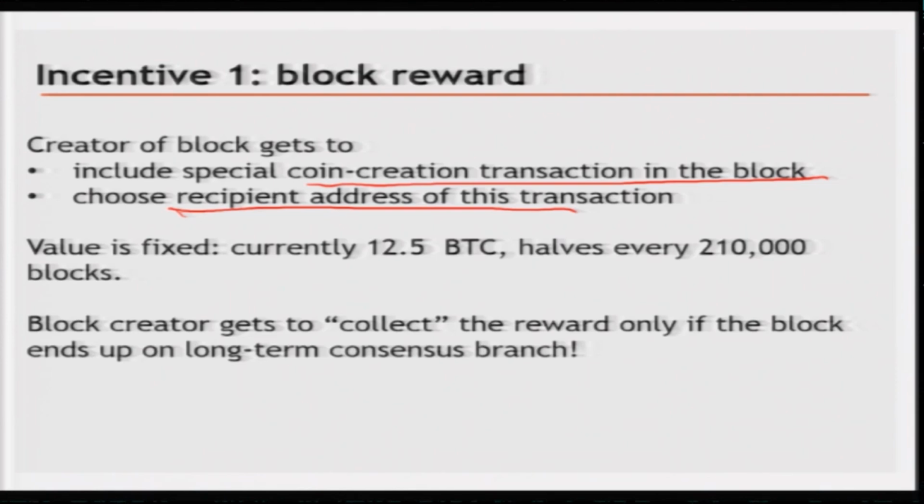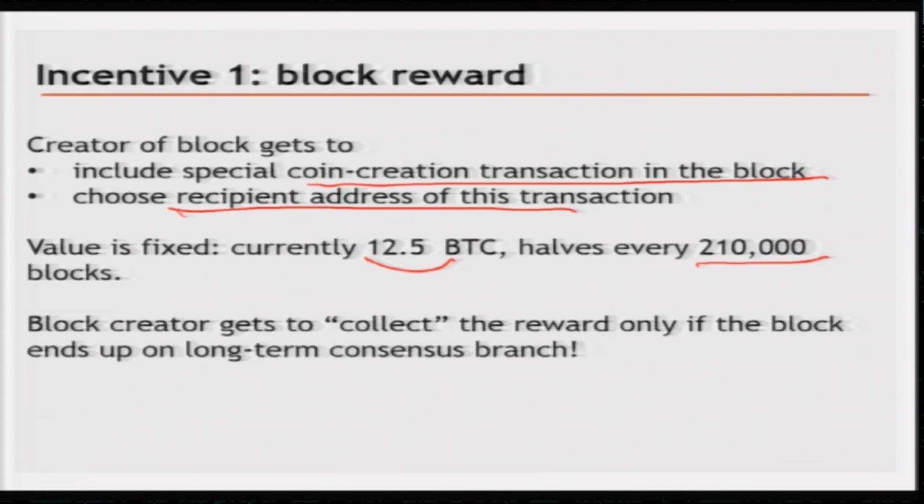Now, how much he can create in the coin creation transaction is fixed. Right now, it is 12.5 bitcoins, but it halves every 210,000 blocks, and with the 10-minute interval between blocks, that is roughly about 4 years.